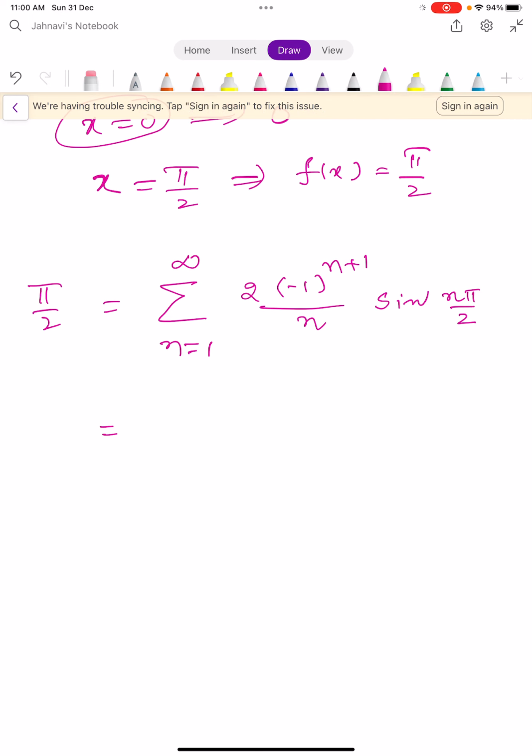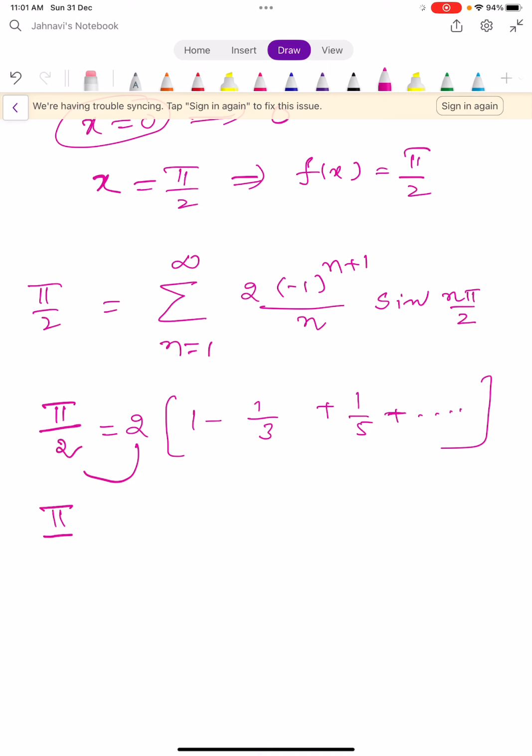If you remove the summation, you get simply 2 into 1 minus 1 by 3 plus 1 by 5 and so on. Only odd numbers survive, and for the remaining terms you get 0. If you shift this 2 to the other side, you simply get pi by 4 is equal to 1 minus 1 by 3 plus 1 by 5 minus and so on.